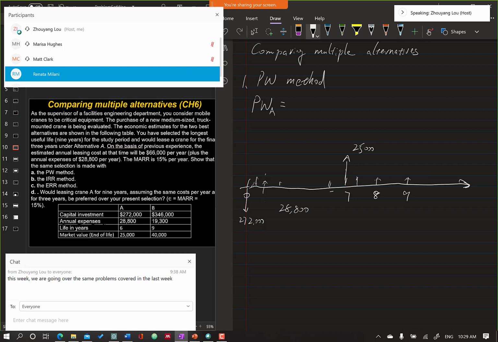So just notice here, we're going to use the annual expenses for both projects. Okay, 1, 2, 3, 4, 5, 6, 7, 8, 9. Oh, that was the 6.